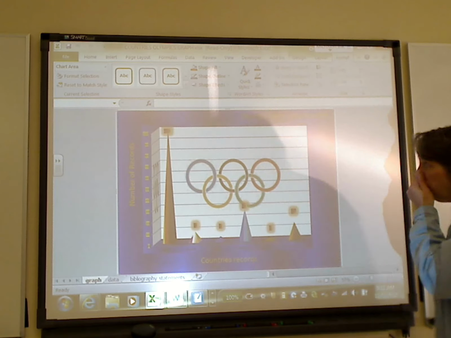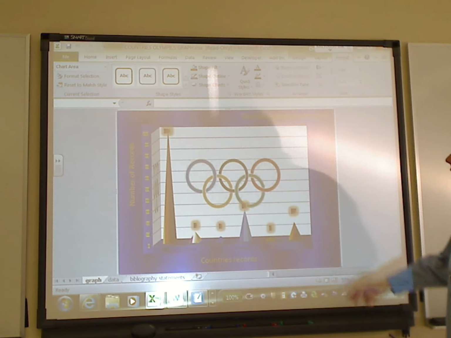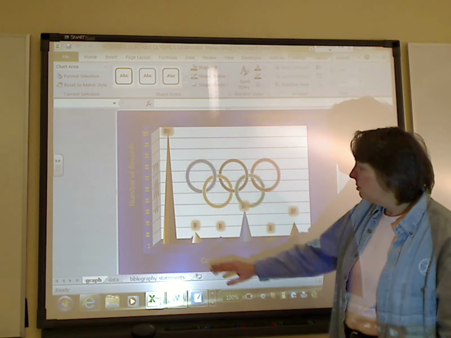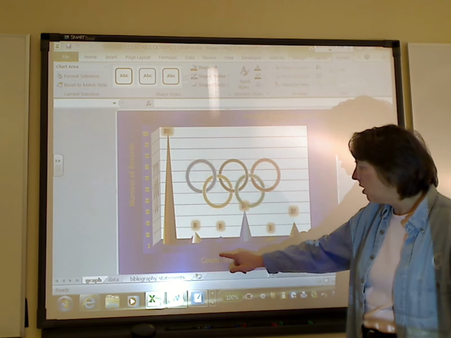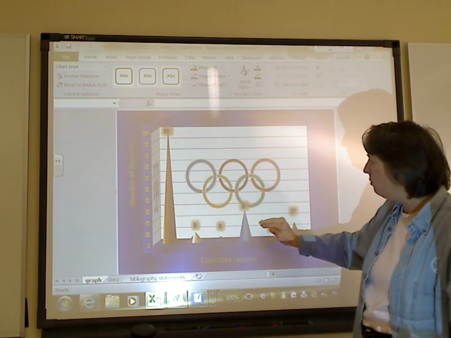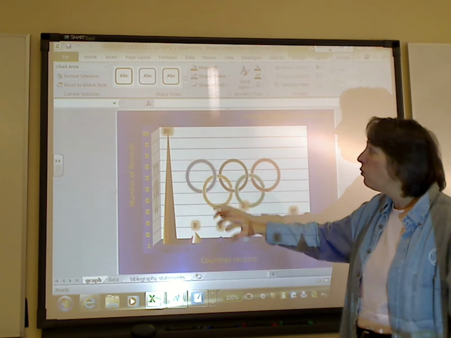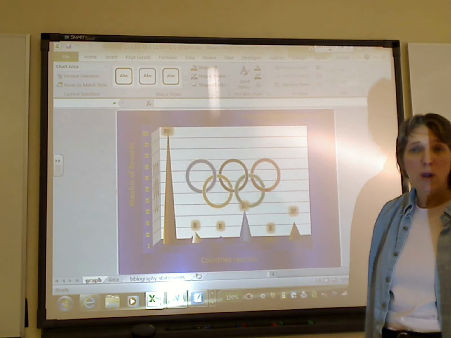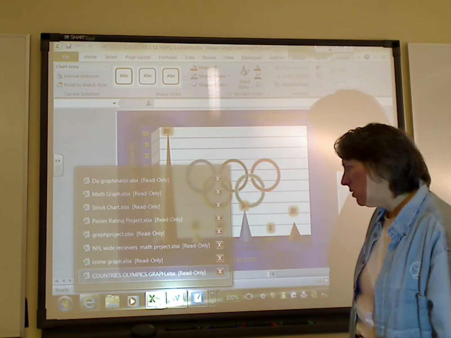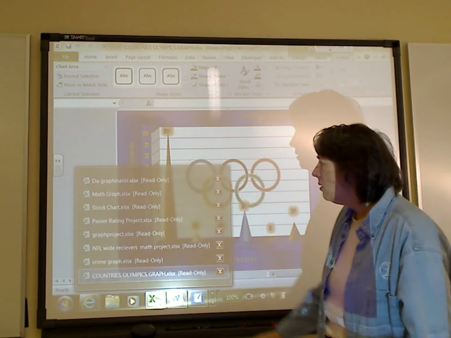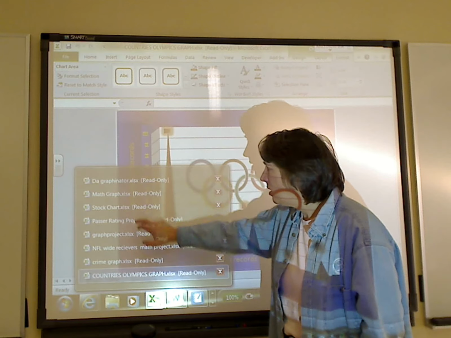And then you have Olympic swimming records in the different countries. It's hard for you to see, but this has the names of the countries down here and shows how many medals or how many world records or Olympic swimming records these countries have. So when you're creating these things, let's see, do I have one that's the stock chart?